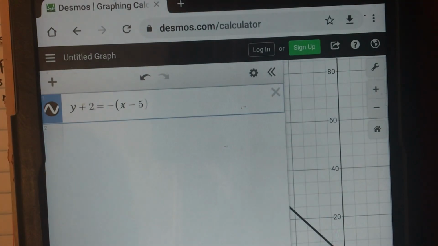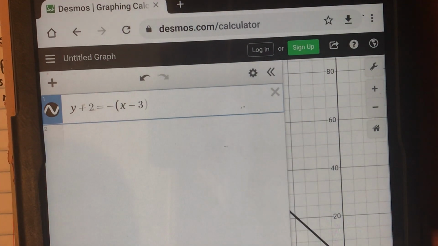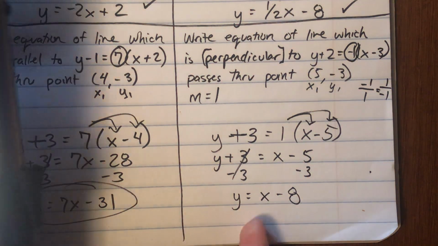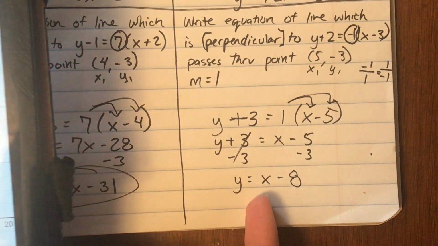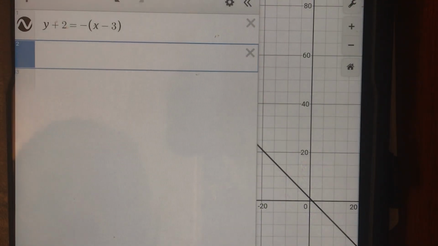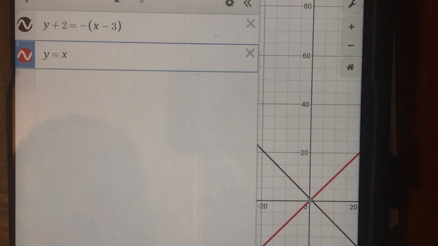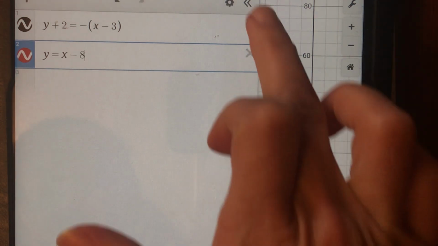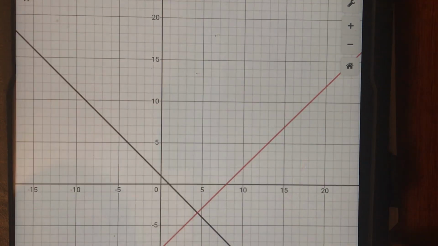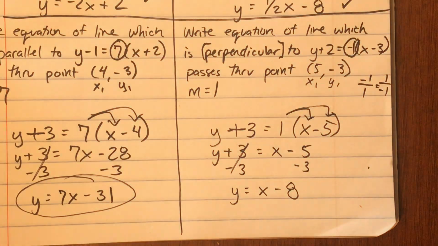I'm sorry, x minus 3. 5 was in the next one. All right, that was our original equation. There's what the line looks like. And then the equation we got that is supposed to be perpendicular to it is y is equal to x minus 8. And so we look, and those are indeed perpendicular to each other.